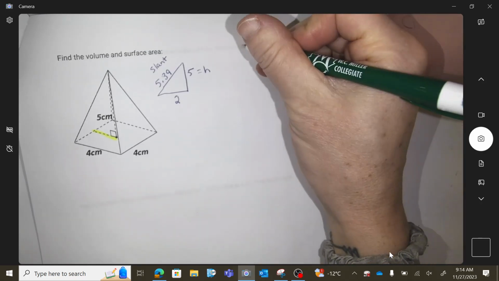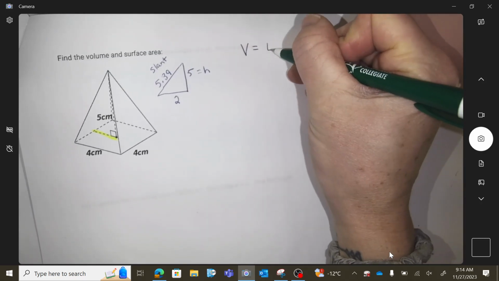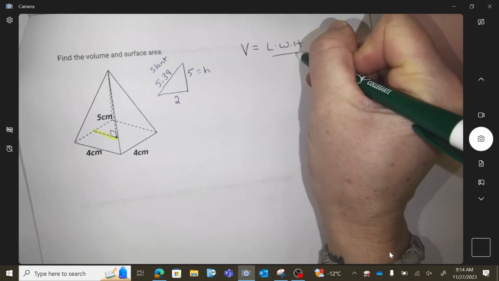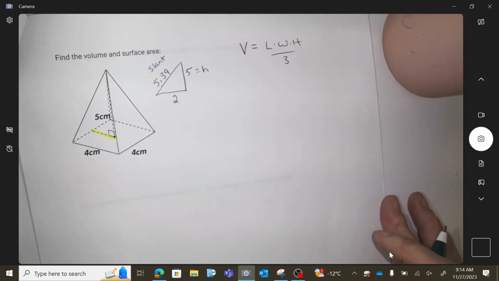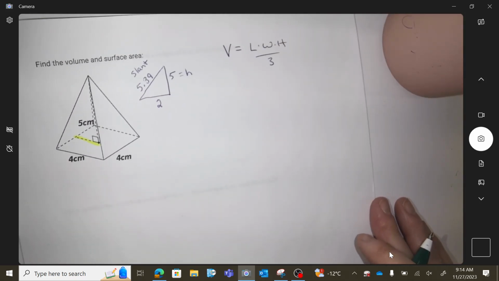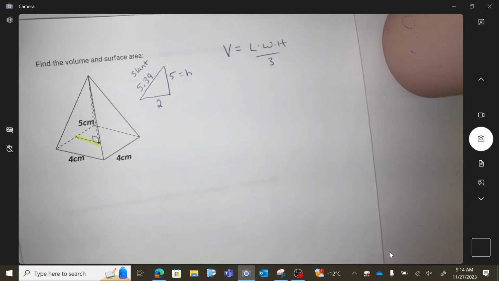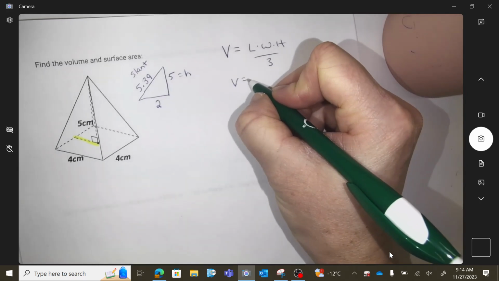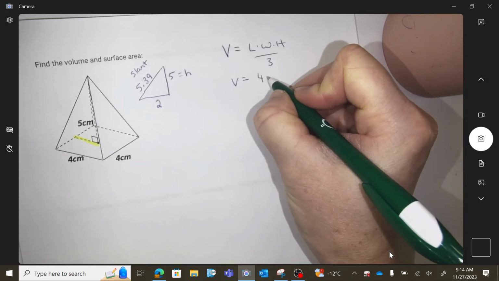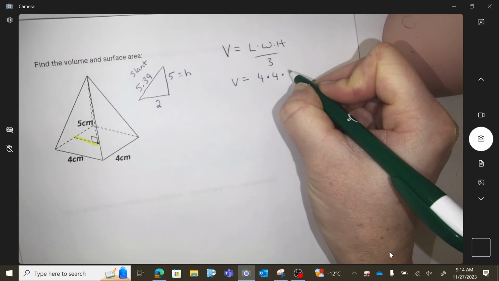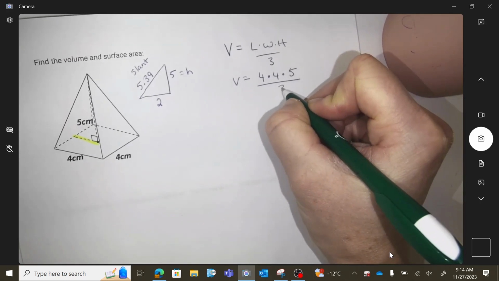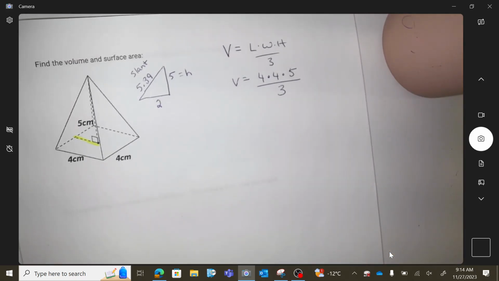Okay, so let's go volume first. Asking me to do both. So the volume formula, length, width, height, and then you have to divide it by 3. So we have 4 times 4 times 5 over 3.